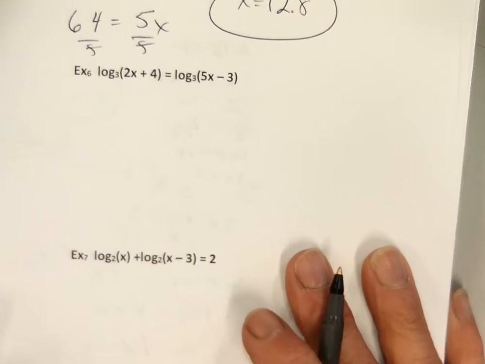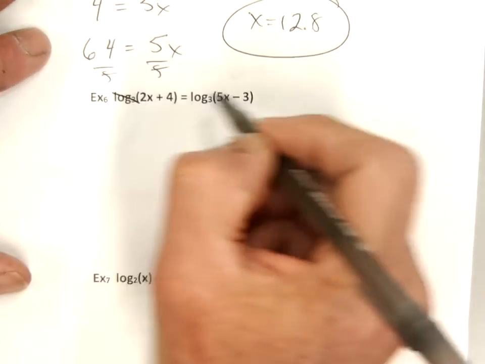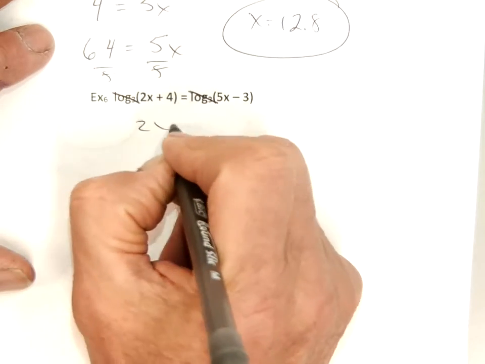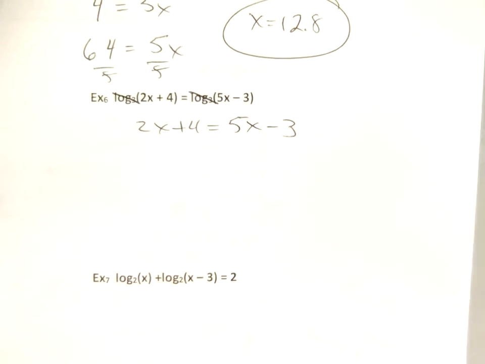Now, example 6 is easy. It only works because it's log of something, log of something. What's inside has to be what we're looking to be equal, right? You have log of 3, log of 3. So really, if you got log of something, you can cancel out the log 3's and say, what's 2x plus 4 is equal to 5x minus 3, and I can solve.